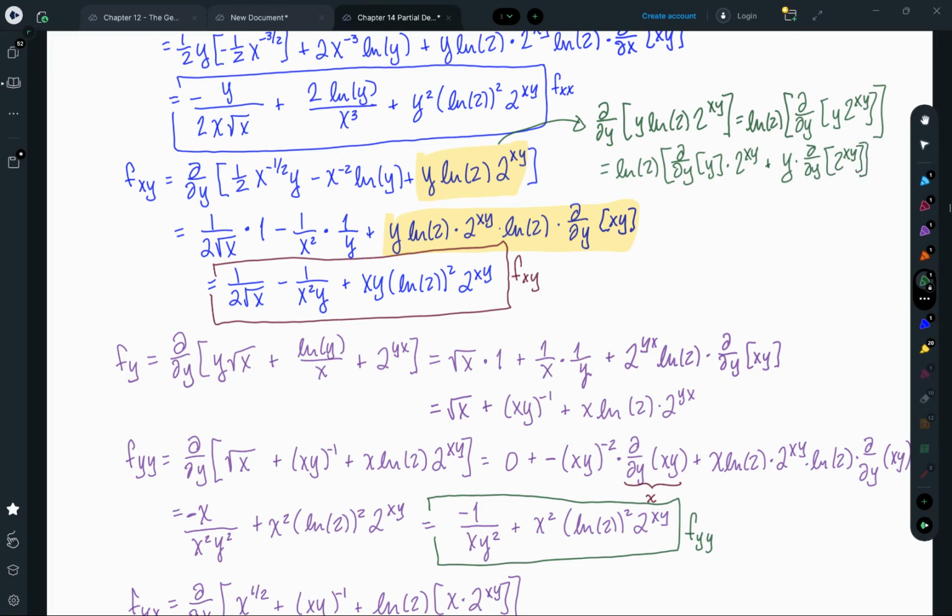Taking the derivatives, del y of y is just 1, so this is 2 to the xy, plus y 2 to the xy ln of 2, and the derivative of xy with respect to y gives me an x. When I rewrite this and distribute everything, it gives me 2 to the xy ln of 2 plus xy times ln of 2 all squared times 2 to the xy.